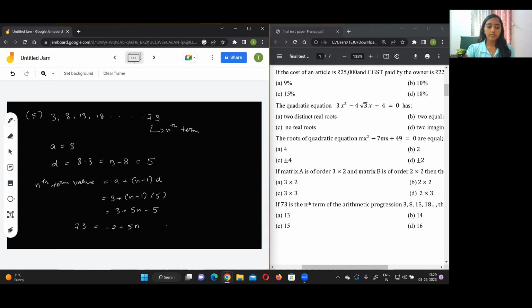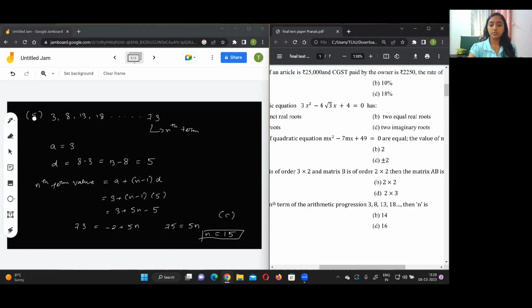So 75 is equal to 5n. Therefore, n is equal to 15. So n is equal to 15 is the answer, right? That is option C. Option C is the right answer for the fifth question, right? Simple, isn't it?